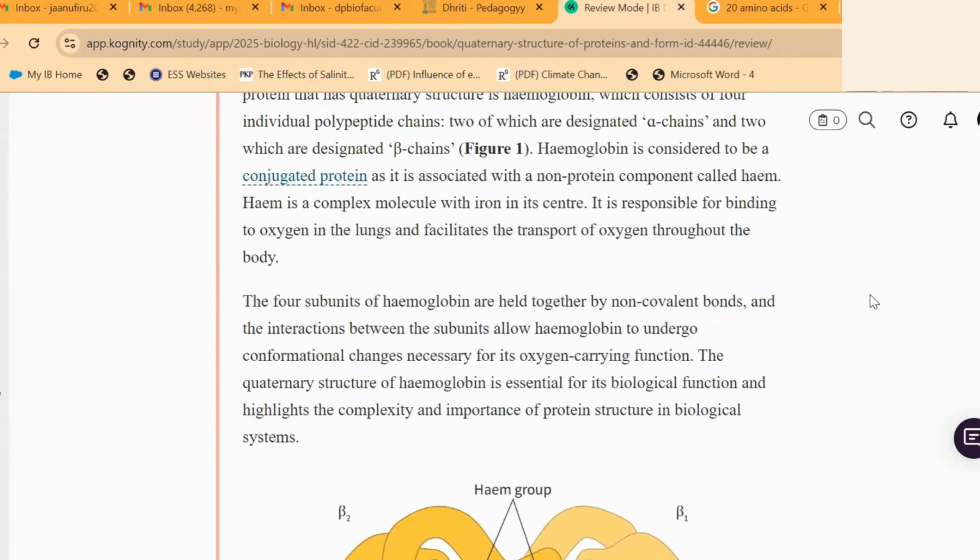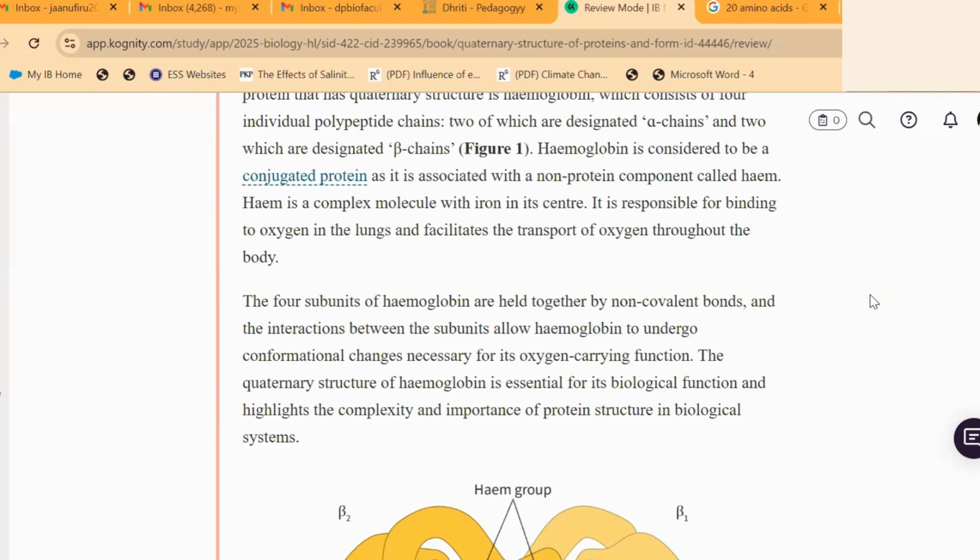Okay. So our major aim in terms of assessment is just to explain how an alpha helix is formed and how a beta sheet is formed, because they don't ask whether this amino acid is capable of forming a tertiary or quaternary structure. Rather, explain the quaternary structure of a hemoglobin molecule.